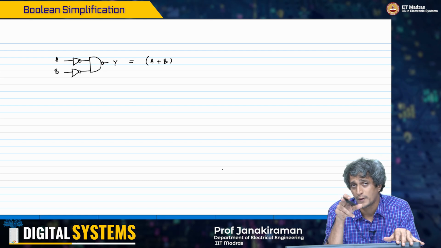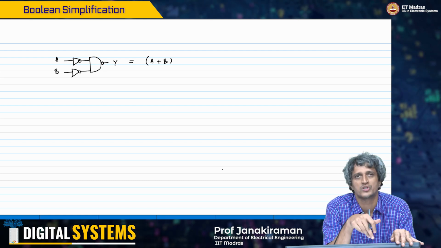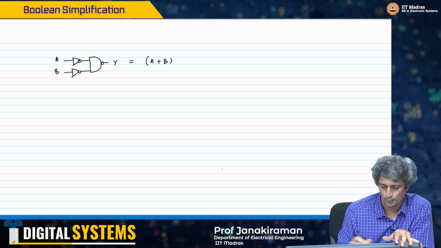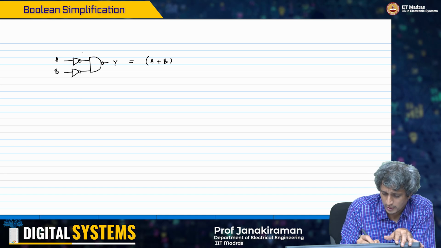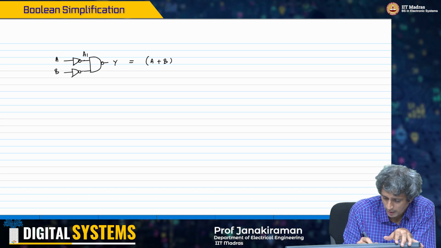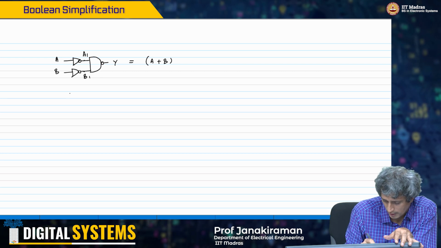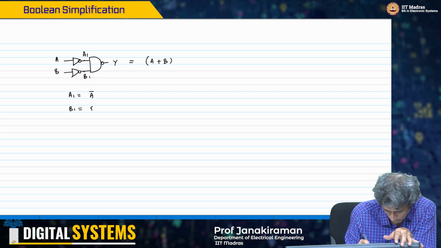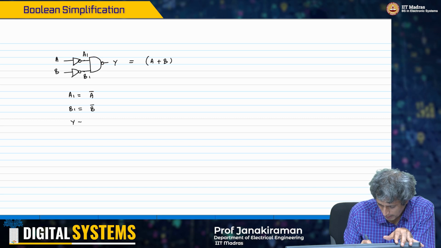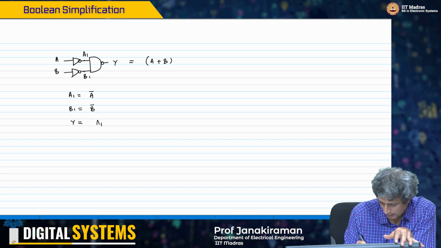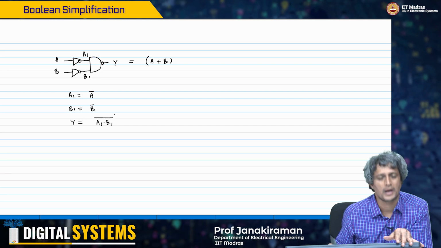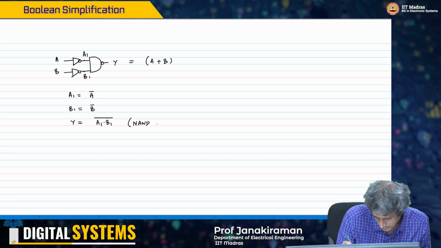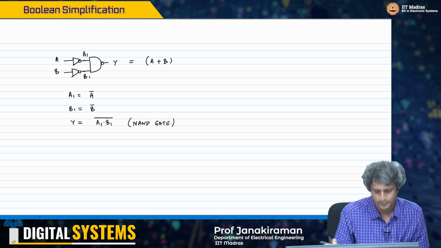Earlier we saw this with respect to the truth table. Now we will go ahead and use the laws of Boolean algebra that we just discussed and show the same is true. Okay. So for example, here this was A1, this was B1. A1 was equal to A bar, B1 was equal to B bar, and Y happens to be A1 into B1 whole bar, right? Because this is by definition of a NAND, right?